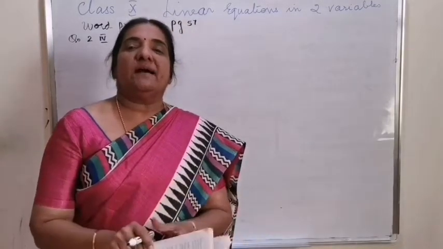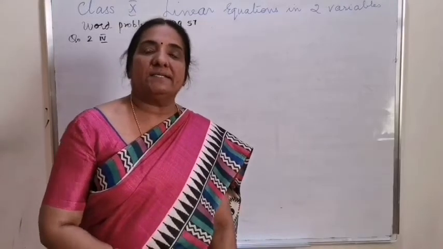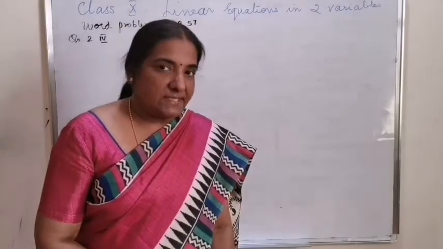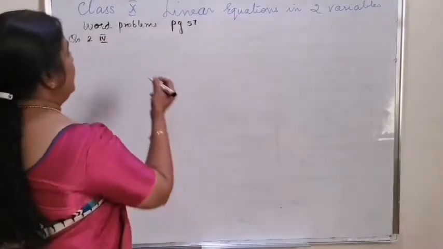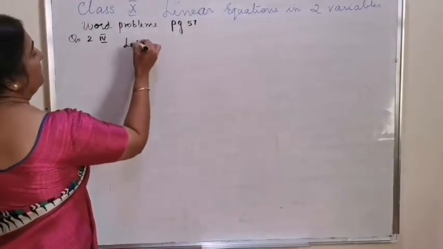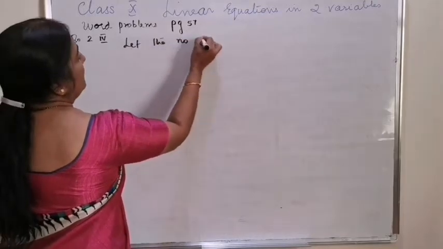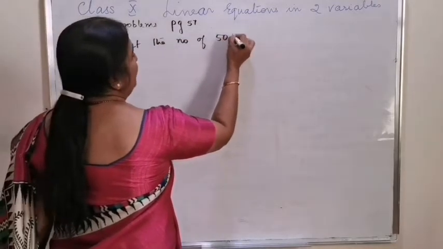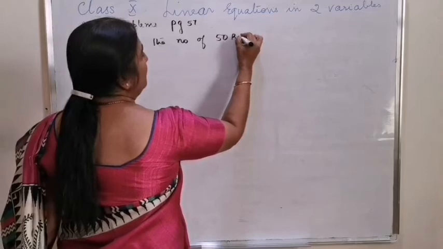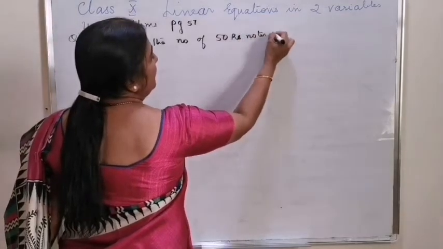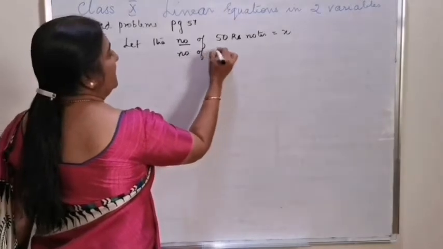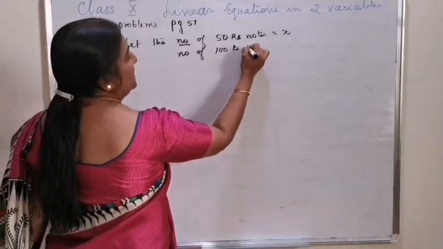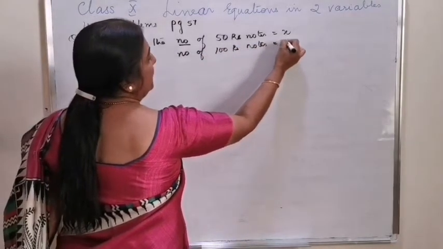From the question they asked, you can understand what is x and what can be y. Let the number of 50 rupee notes be x and the number of 100 rupee notes be y.